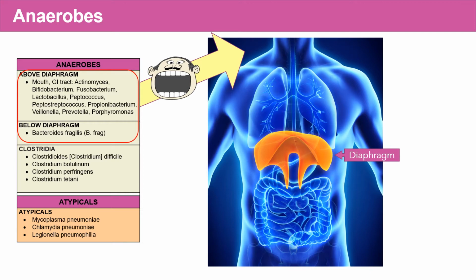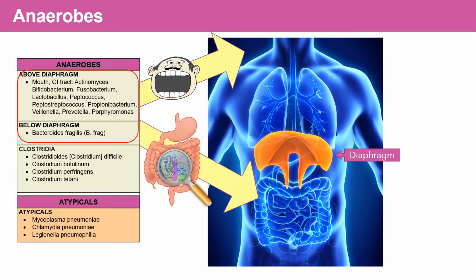And there's a whole host of bacterial species that are found in this group. Below the diaphragm anaerobes occur in the colon and small intestine. And the major anaerobe in this group is Bacteroides fragilis, or commonly known as B. frag.